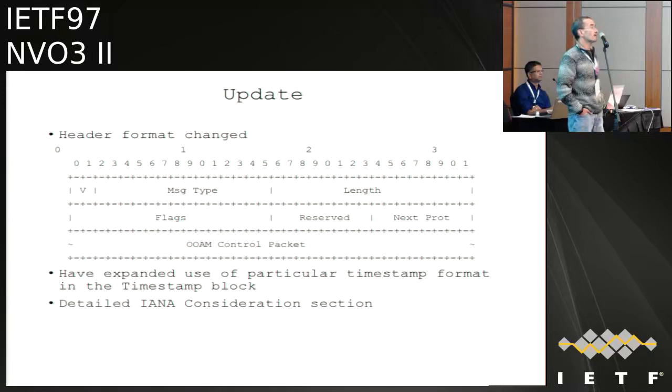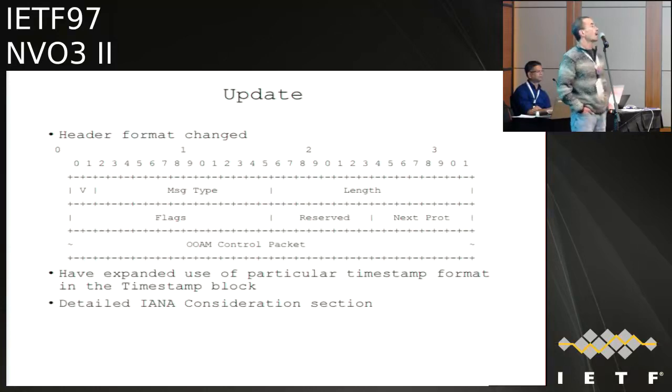So to have more space for new functionality, we decided to go for two words, not only expanding message type, length, and flags and having a reserved field for the future, but also adding a next protocol field. That's something that we definitely would like your consideration and comments on.